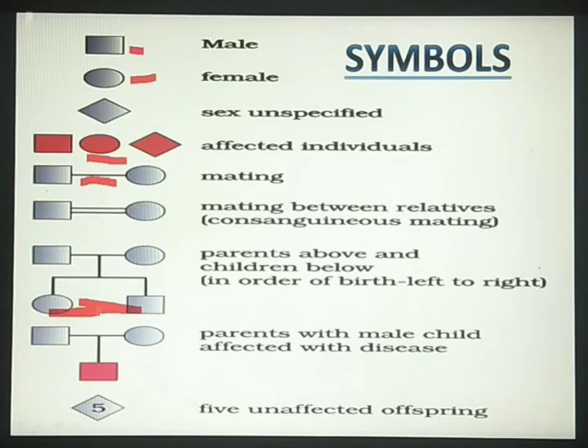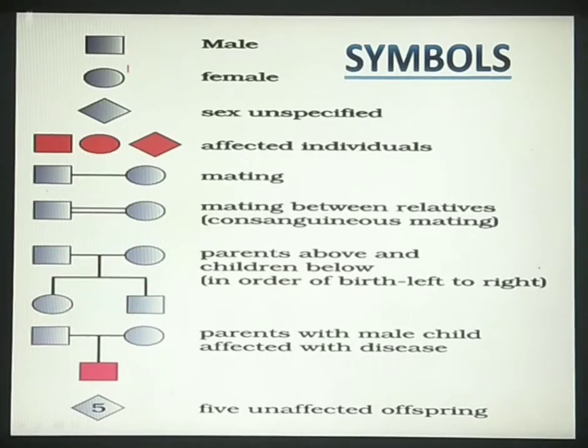These symbols are arranged from left to right, indicating the order of birth, and are connected by a horizontal line below the parents, and this line is connected to the parent or marriage line by a vertical line.